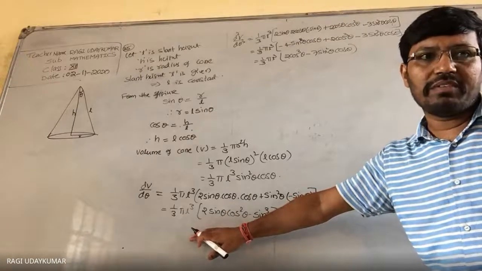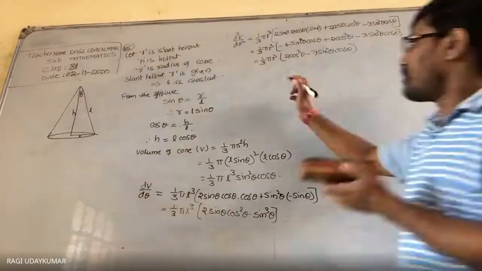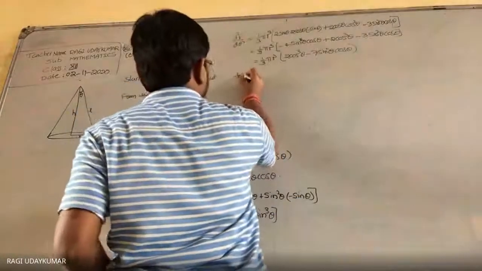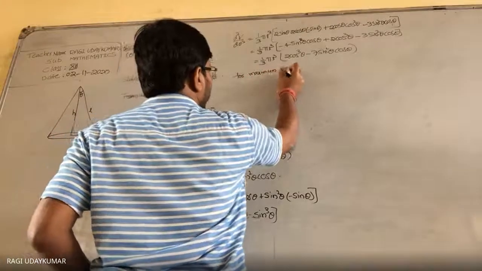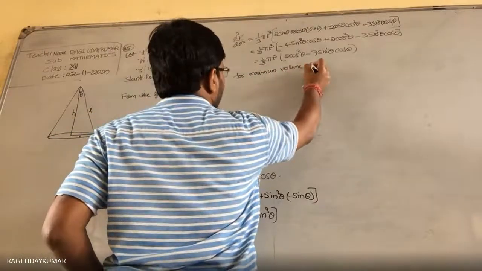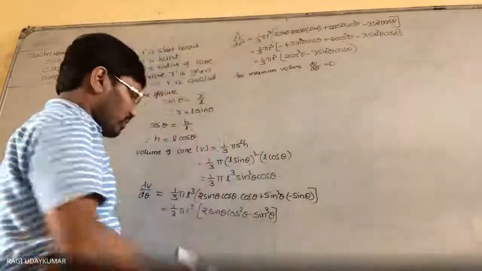And for what value dv by d theta is equal to 0, that value you have to take into consideration. So for maximum value, dv by d theta is equal to 0. So ये 0 है.